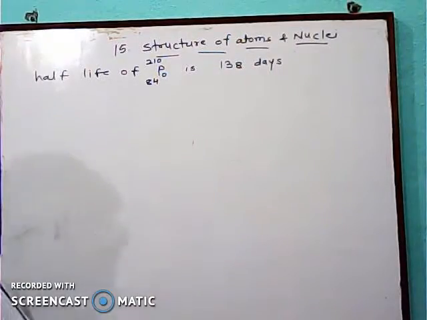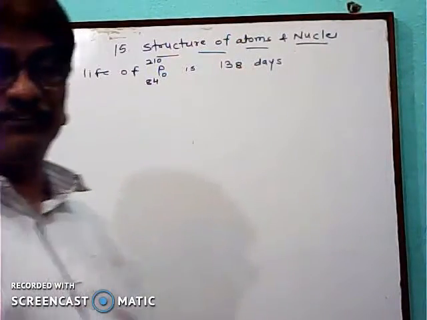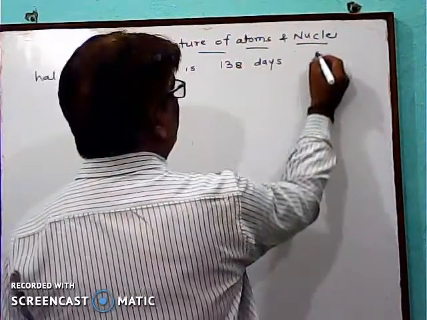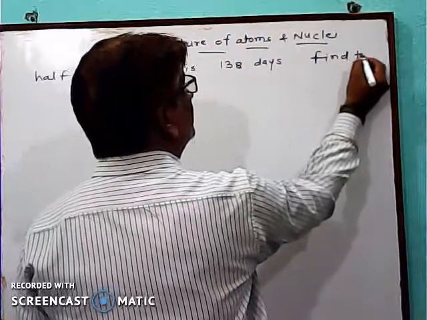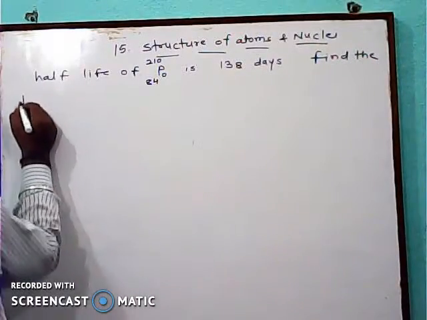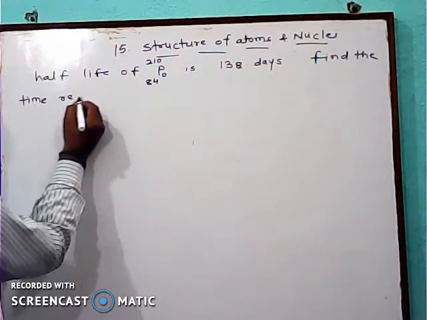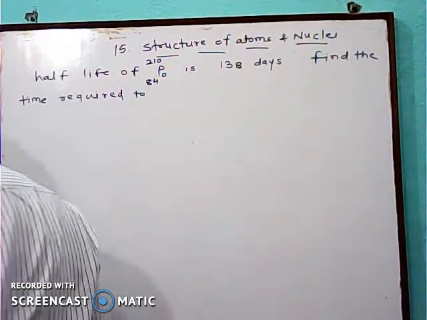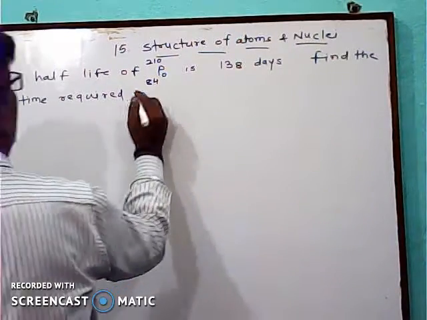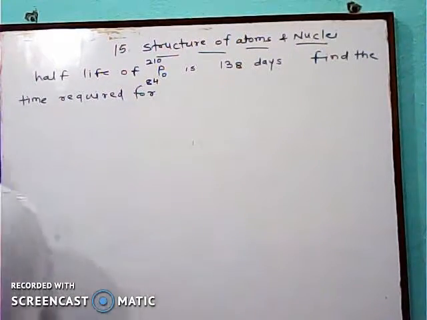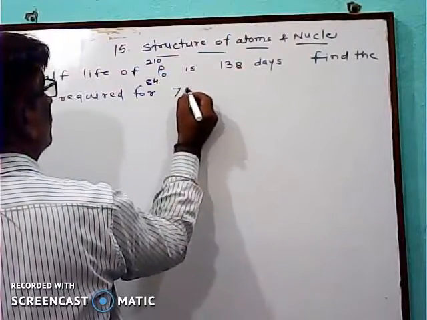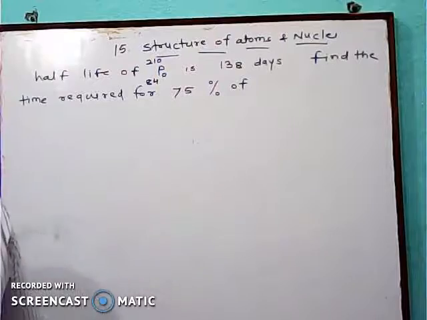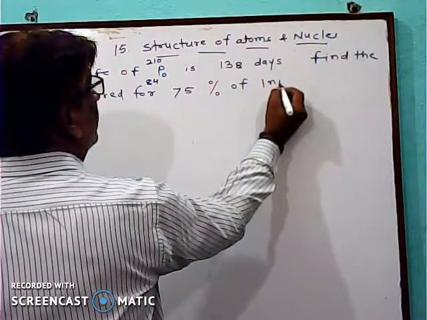Half-life is given, that is 138 days. Find the time required for 75% of the initial number of atoms to disintegrate.